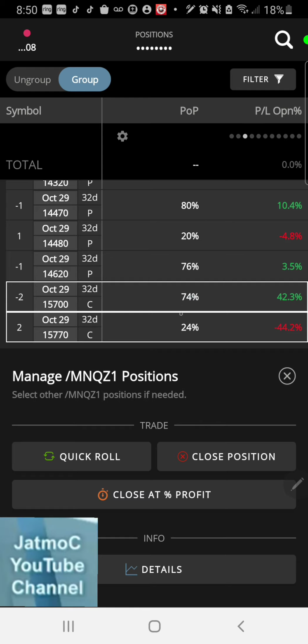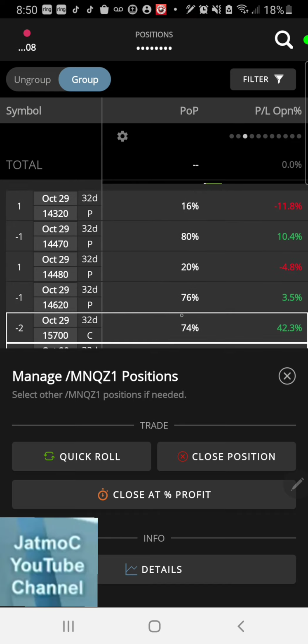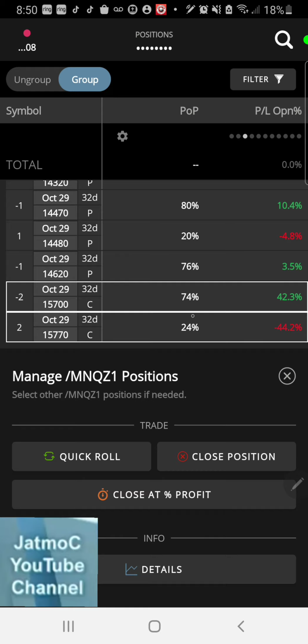Once this trade becomes profitable at some point, to lock in profits, what you can do if you see it running hot and you don't want to take this trade off, because my probability of profit is still fairly high.